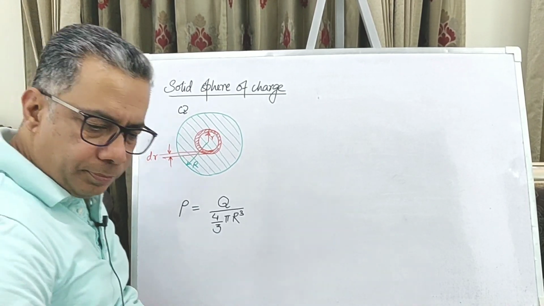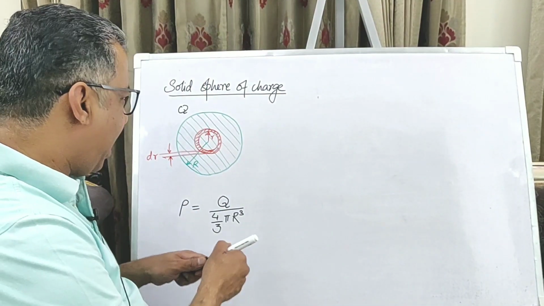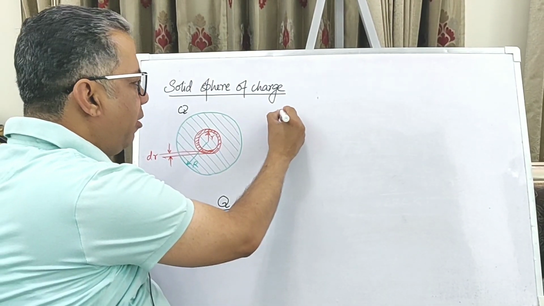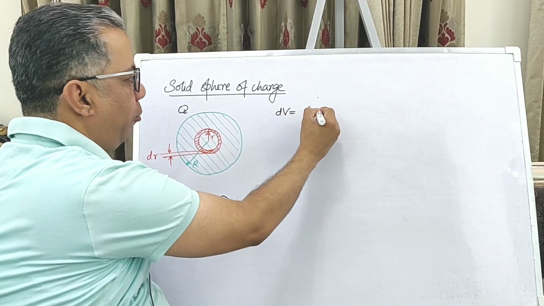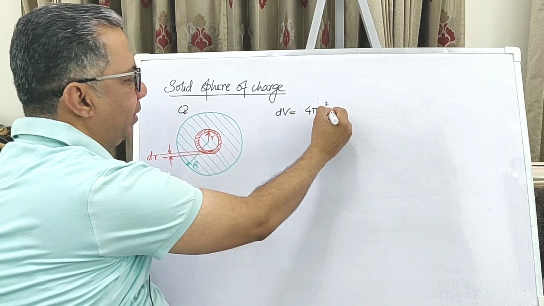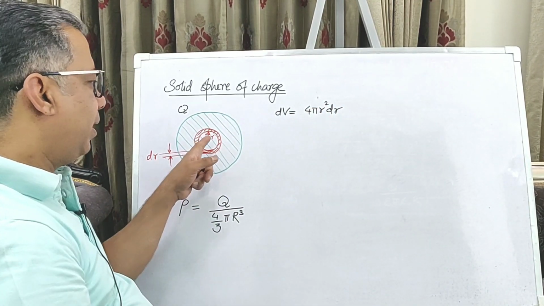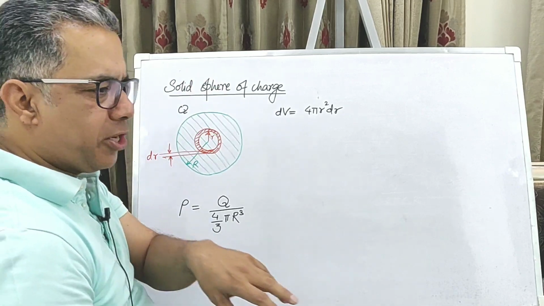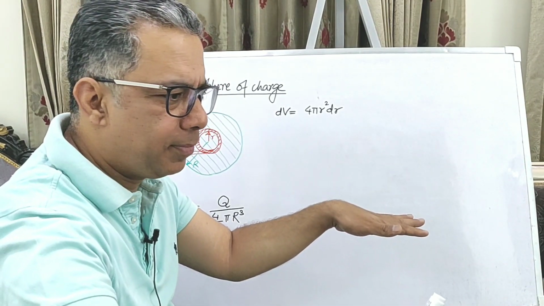Now what's the volume of the material that we have added here? That volume dV is 4 pi r square dr. How do I calculate this volume? Take this spherical shell out and flatten it up.